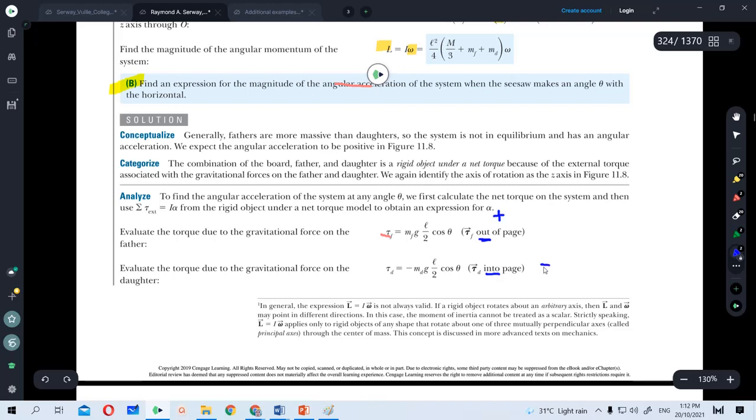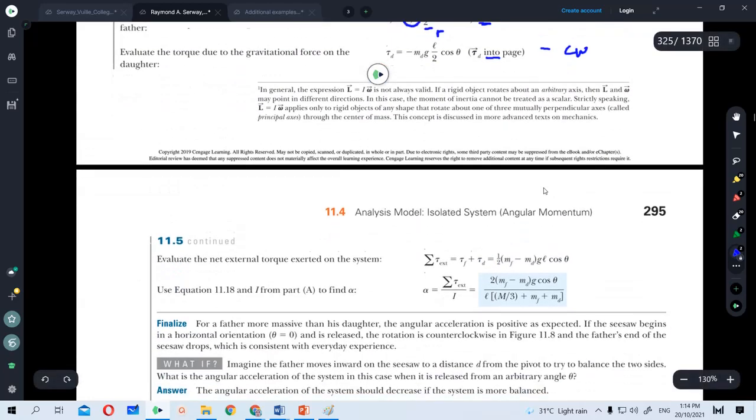The value itself is as given, where R is L over 2. If we isolate the whole idea, this is the force and this is the R. In terms of the angle, you use cos theta because we want F and R perpendicular to one another. The same goes for the daughter.